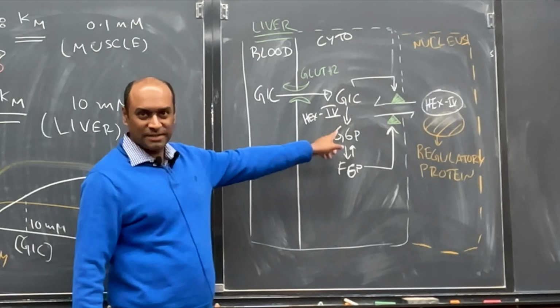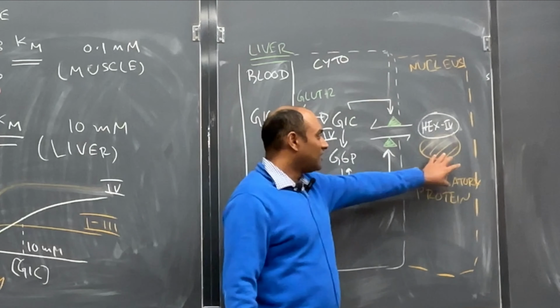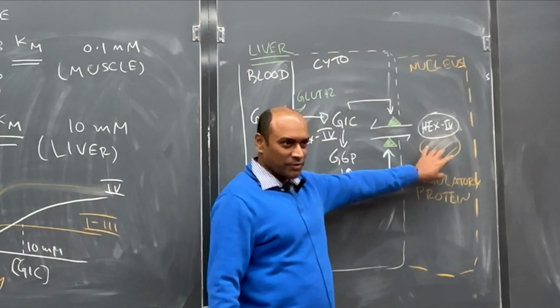If it is in the cytosol, it will make G6P. If it is in the nucleus, it will not. And there is a regulatory protein in the nucleus which controls its activity. So once it is in the nucleus, then it becomes phosphorylated. So again, we don't need to know all the details, but it will be associated with the regulatory protein.